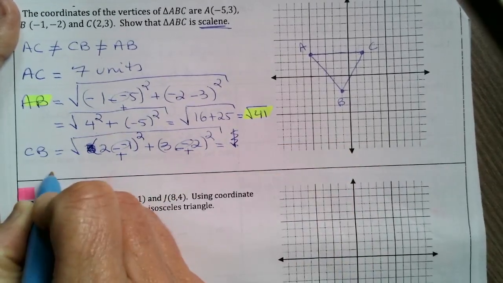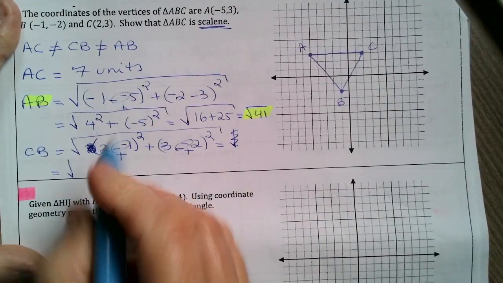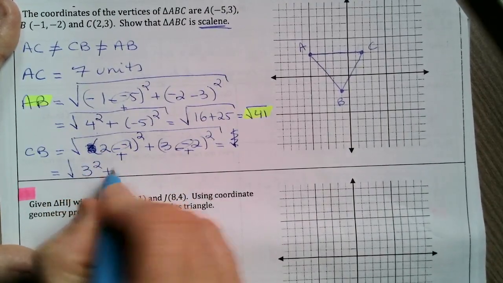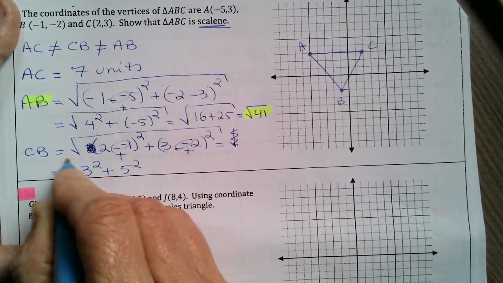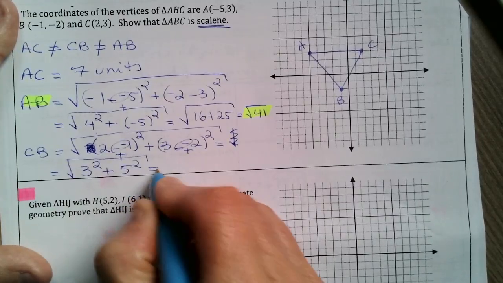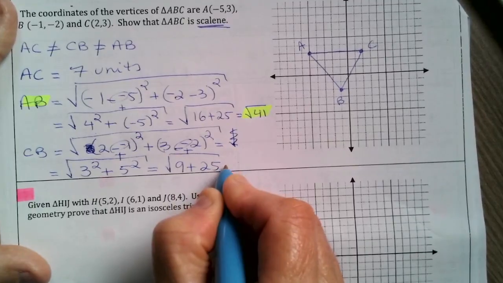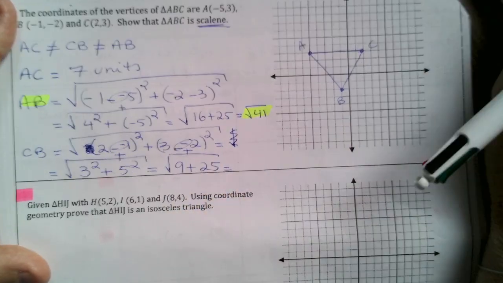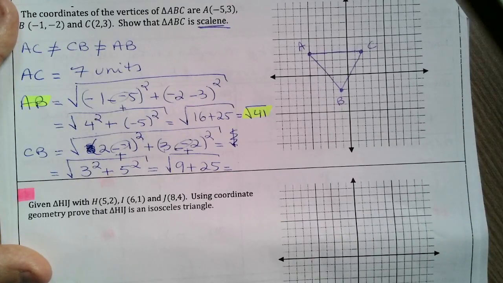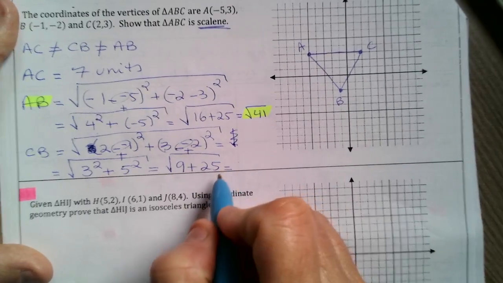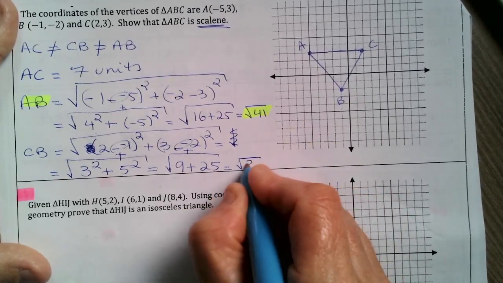I'm going to go underneath here. So 2 plus 1 is 3, so this is 3 squared, plus 3 plus 2 is 5, so 5 squared. So I get square root of 9 plus 25, which gives me square root of 34.